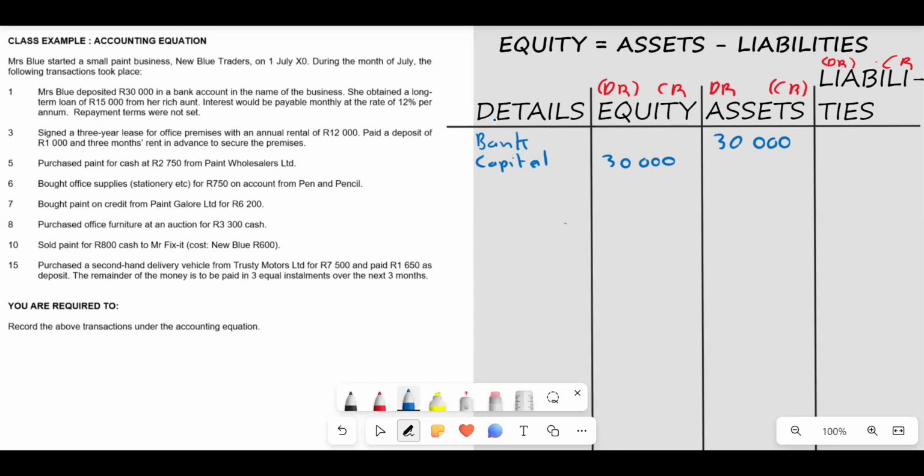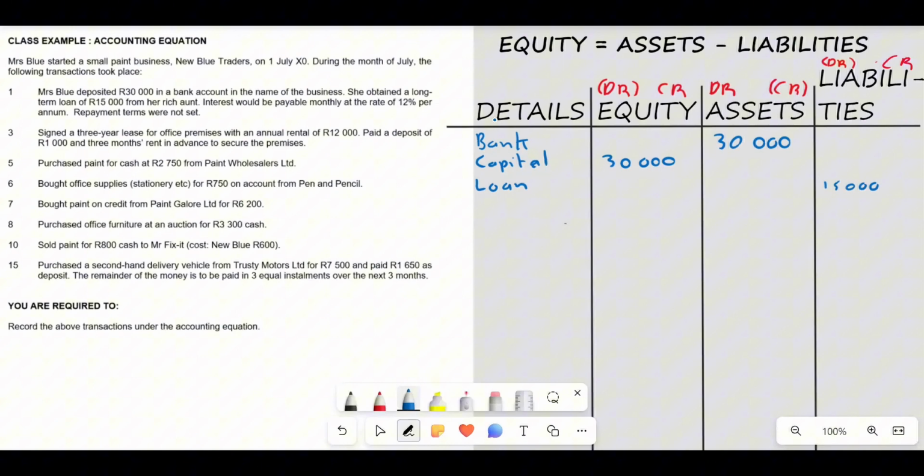Okay, let's read the second statement now. She obtained a long-term loan of 15,000 from a rich aunt. A loan would be a liability, right? So 15,000 will be credited, because it increases.